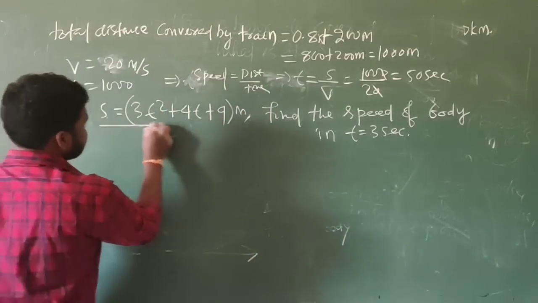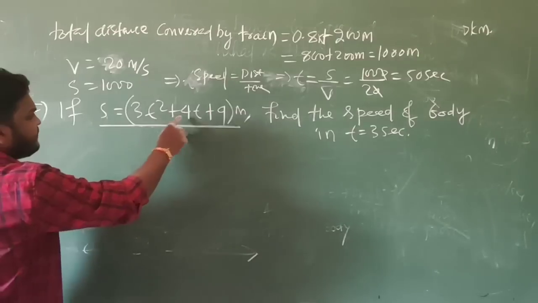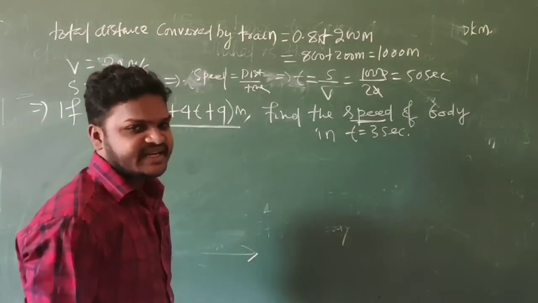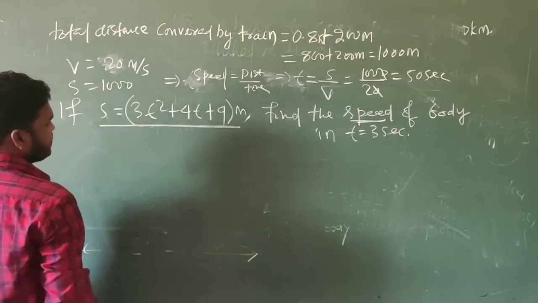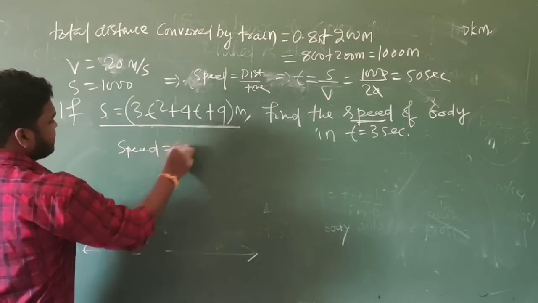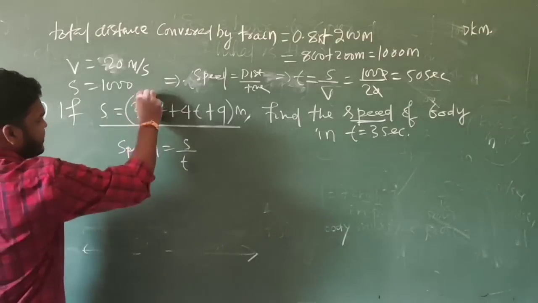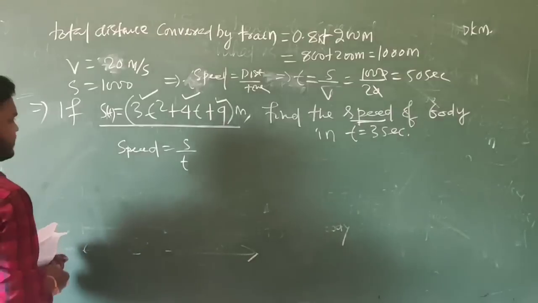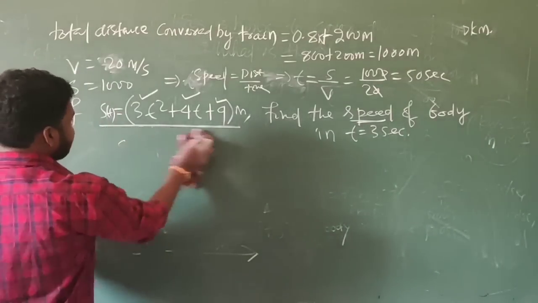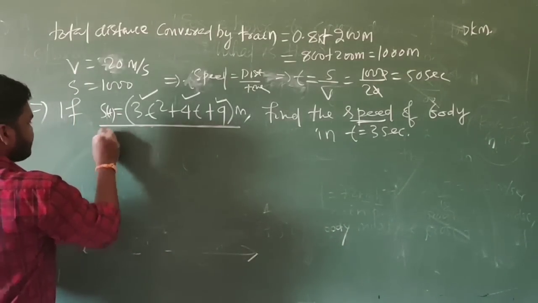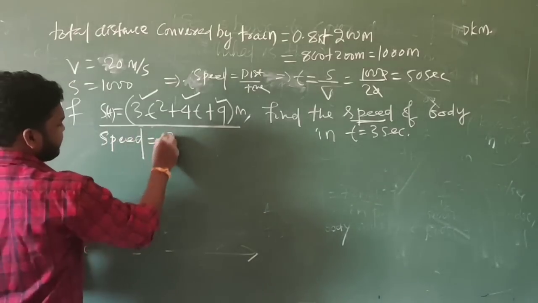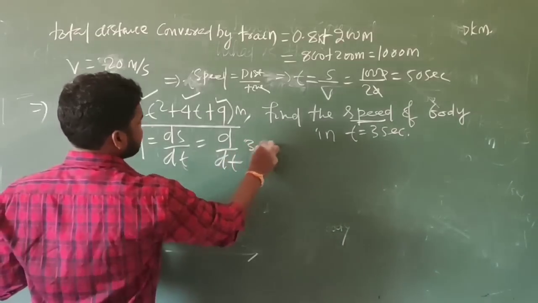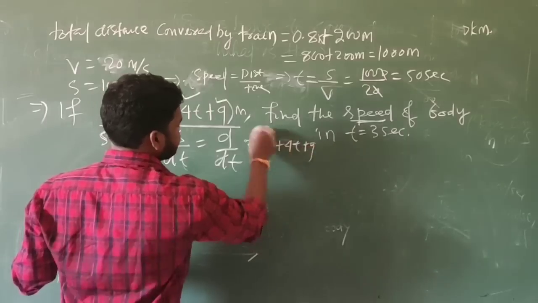As this is a function, s is equal to 3t square plus 4t plus 9, this speed is always instantaneous speed, because we cannot use the direct formula of speed equal to distance upon time, as the distance is given by a function of t. So in this case we use differentiation, that means speed equal to instantaneous speed equal to ds upon dt, d by dt of s, which is 3t square plus 4t plus 9.